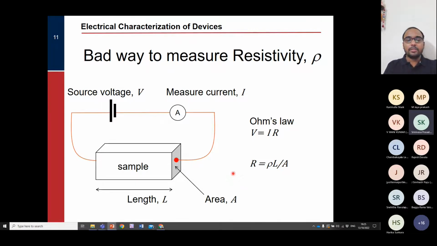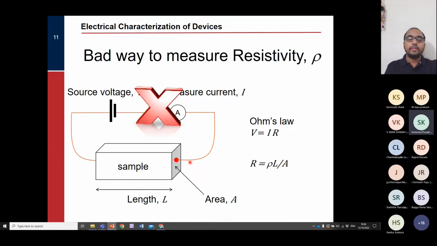Why? Because here, the current is entering at this point, and then there is something which we are not considering at all, that is the contact resistance. Suppose these are metallic leads and we do not know the resistance of this material.